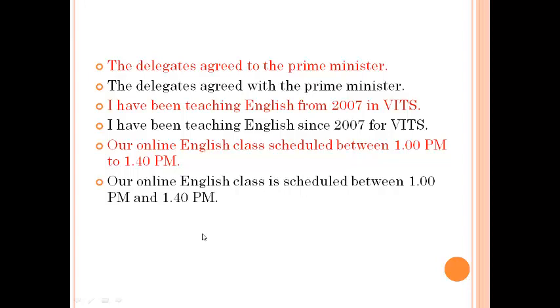Okay, these are some errors in grammar. Especially for this session, we discussed two topics, articles and prepositions, and some errors with them. So all of you go through your textbook and complete the exercise with the help of the key. Thank you.